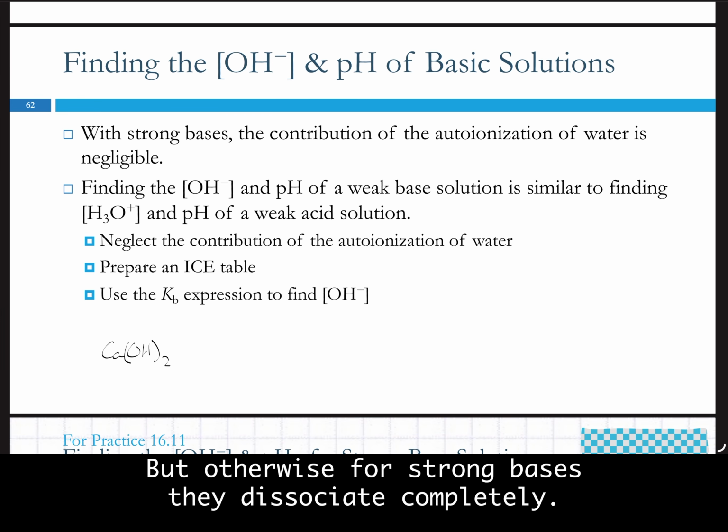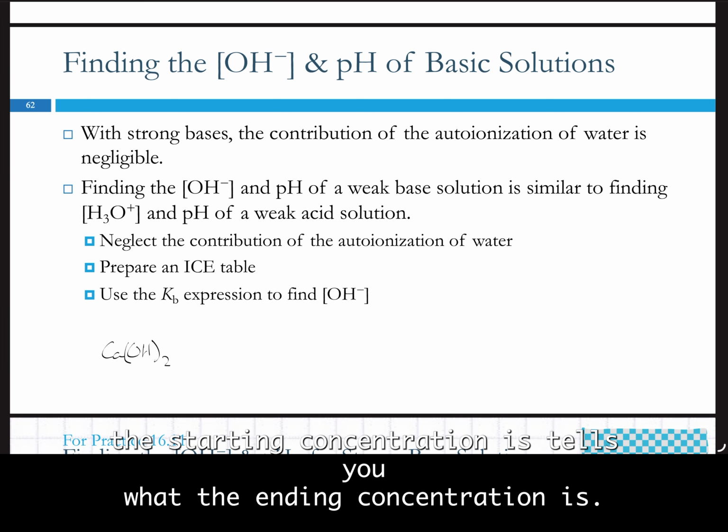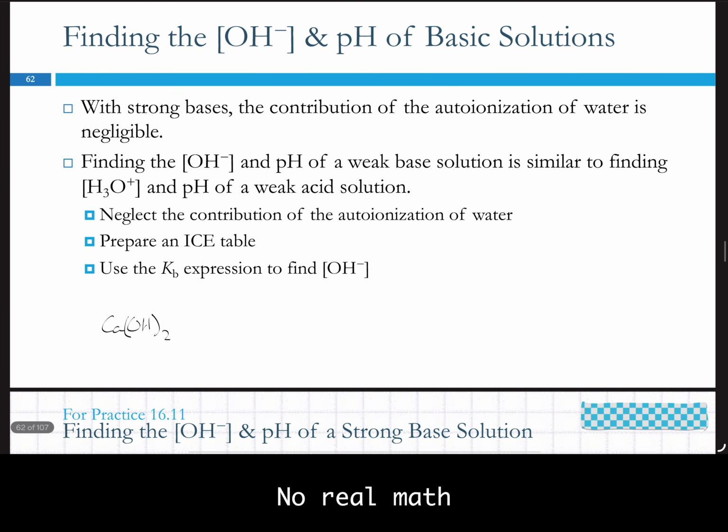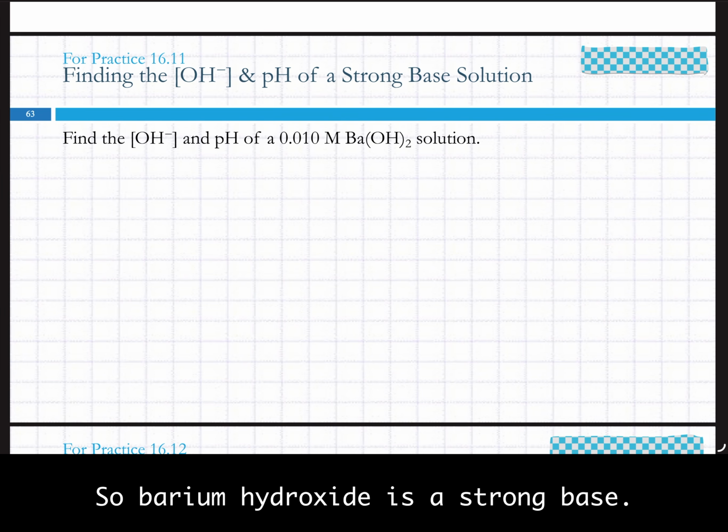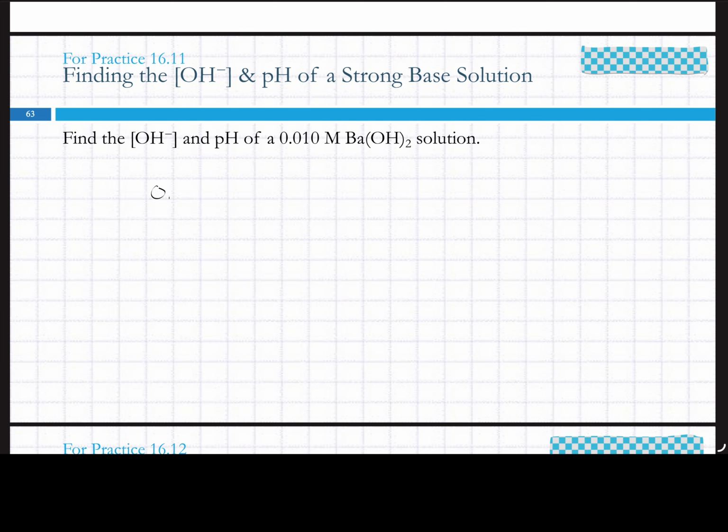But otherwise, for strong bases, they dissociate completely. So whatever the starting concentration is tells you what the ending concentration is. No real math to be done, or no ice table at least. So barium hydroxide is a strong base.